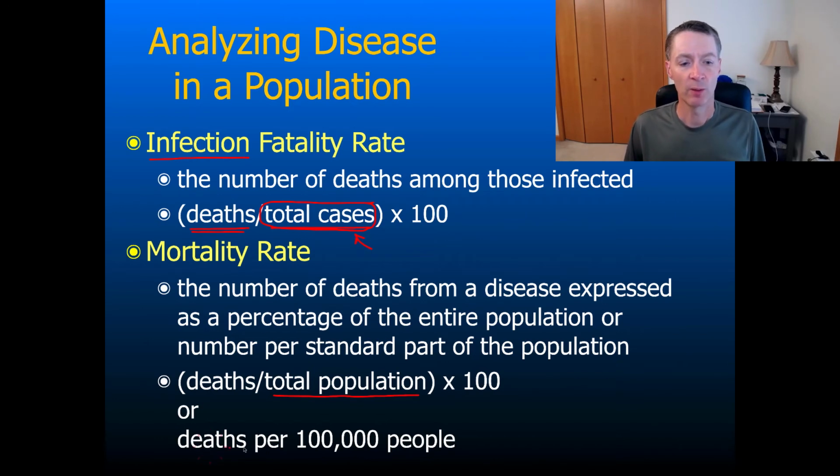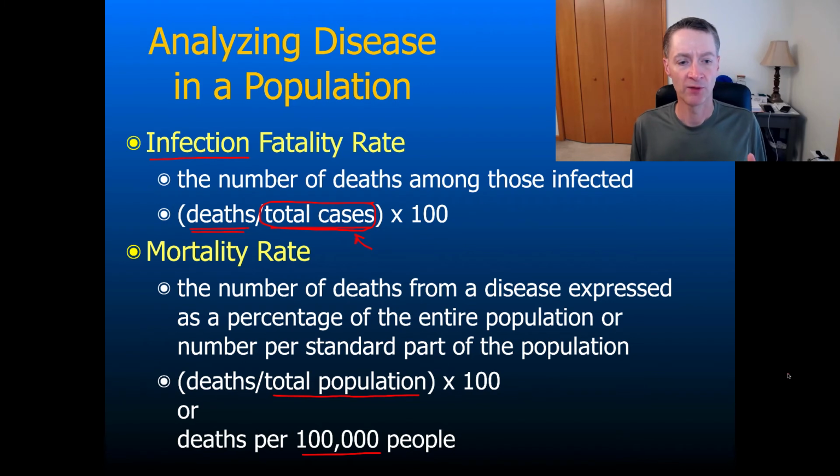Or you can take the number of deaths per 100,000 people, and that's a pretty common way of actually reporting it. It is per 100,000 people, all right? Because if you want to compare from one country to another, for example, where is it really hitting harder?